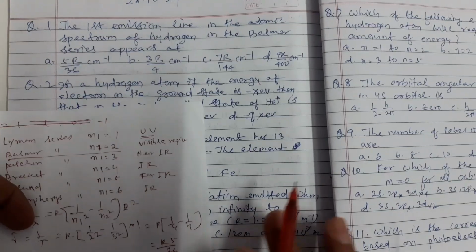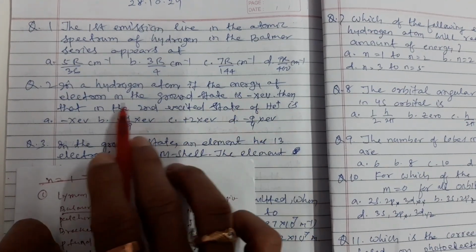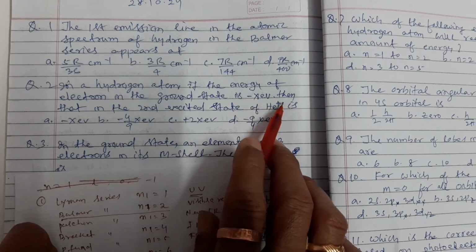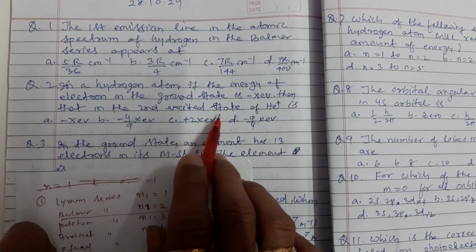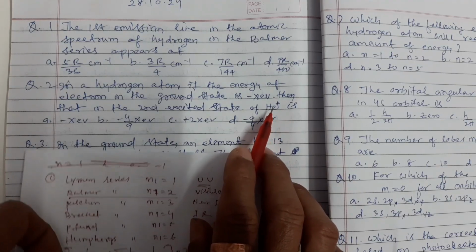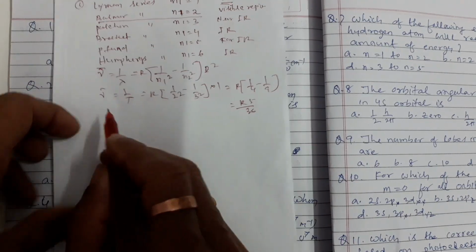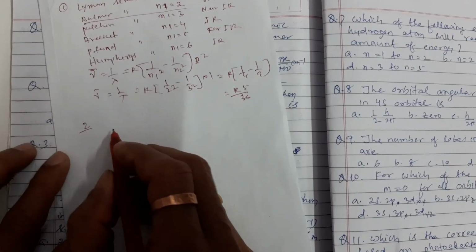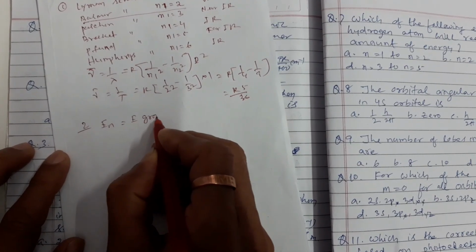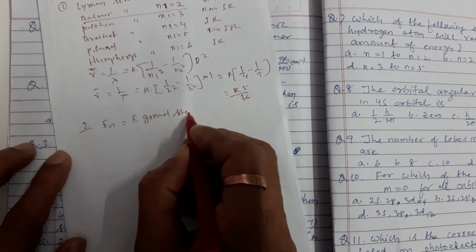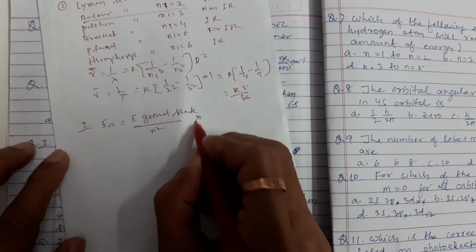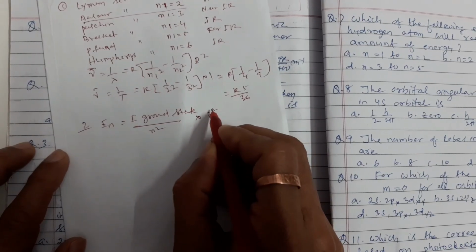Next, in a hydrogen atom, if the energy of the electron in the ground state is minus x electron volt, then what is that in the second excited state of He plus? Okay, second question. The energy is E equal to the ground state energy by n square, multiplied by atomic number square.